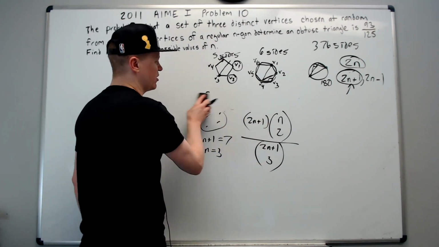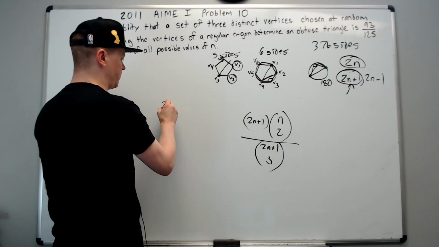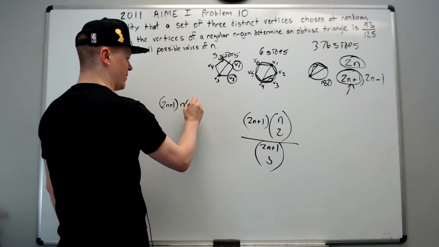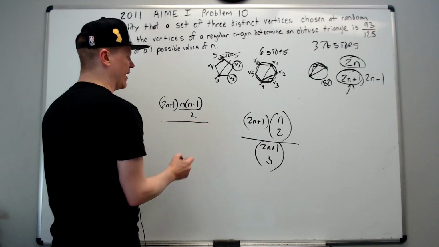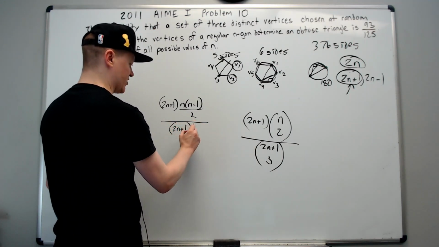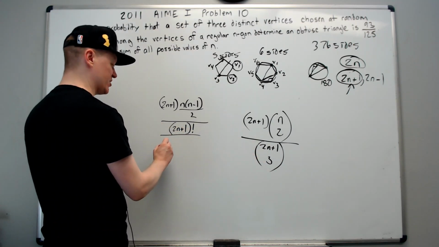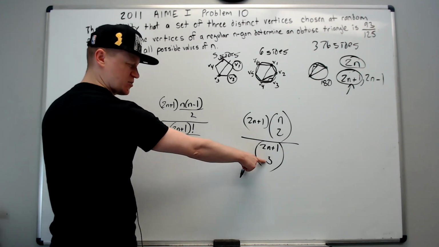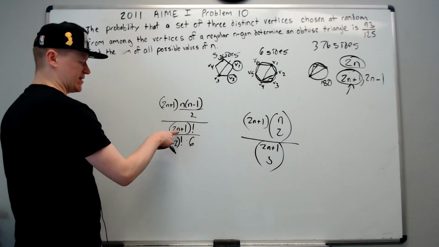Okay? So let's go ahead and calculate. We're almost done now. 2n plus 1 times, using the shortcut, n times n minus 1 over 2. And then it's divided by 2n plus 1 factorial over 2n plus 1 minus 3, which is 2n minus 2 factorial, times 3 factorial, which is 6. So I'm going to go ahead and simplify this now.